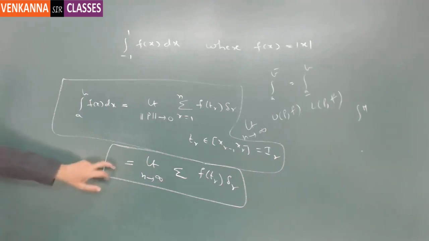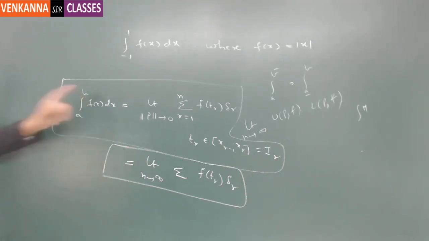We will use this formula to calculate integral a to b f(x) dx. Please understand, here we are not calculating UPF and LPF; simply for the sum, we apply the limit. Okay. Is it clear for you? All of you?